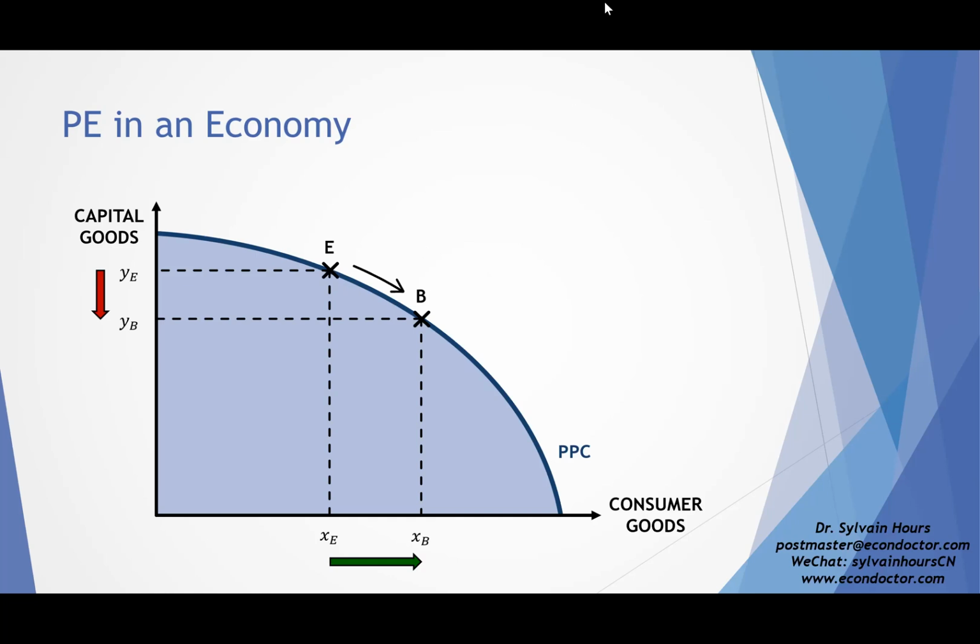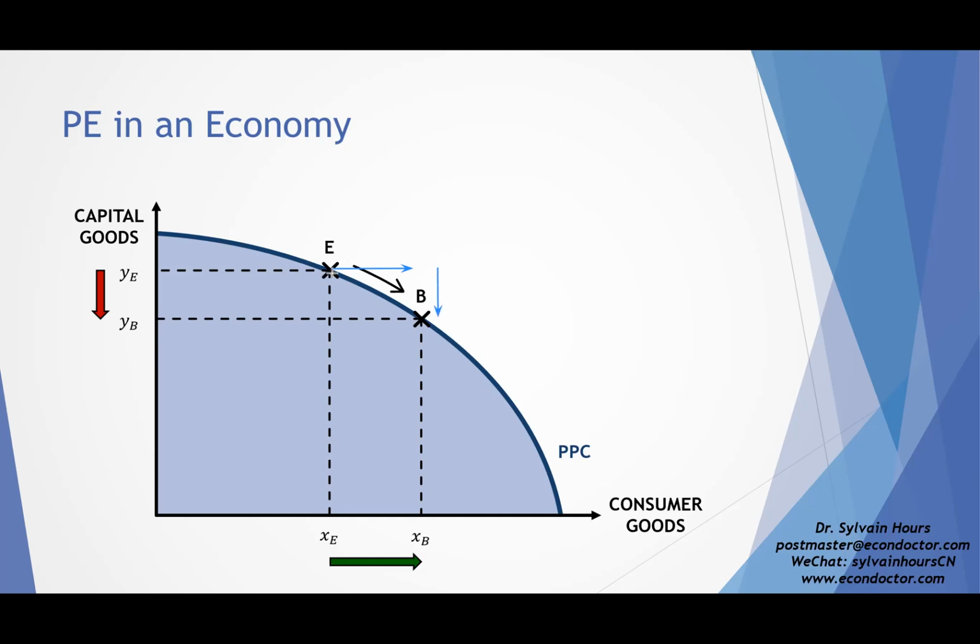And many of them will just think in this direction, right? Oh, I cannot produce more consumer goods, because if I start from E and I produce more consumer goods, I will be outside of the PPC. And other students will tell you, yeah, you can produce more consumer goods, but you have to produce less capital goods, which is exactly the idea of productive efficiency.